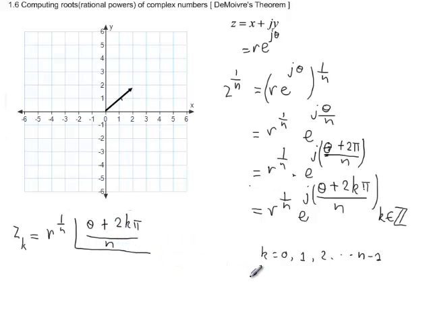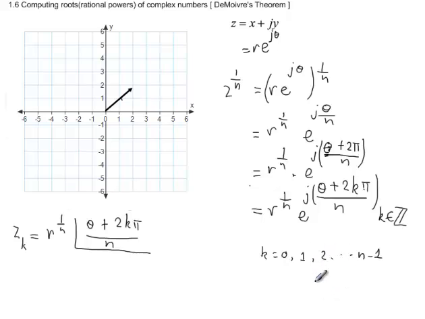Then we can take the first one by putting k equals 0, the next one by putting k equals 1, until we get to n minus 1. Let me just correct that, maybe it will confuse some people there. Is that clear, guys?